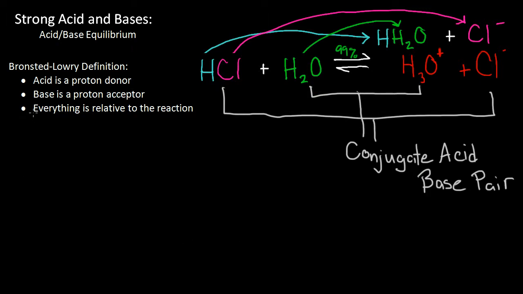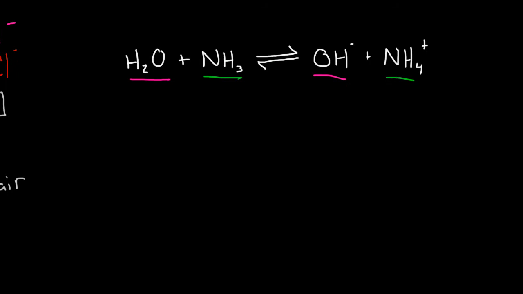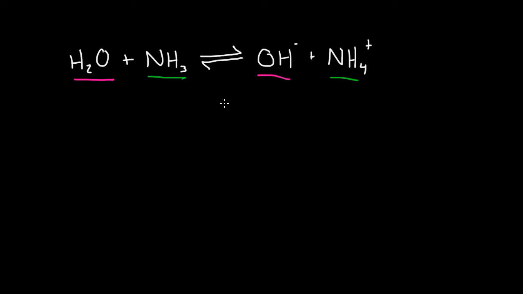Now, another important note for the Bronsted-Lowry definition is that everything is relative to the reaction. What I mean by this is, if I scroll over here, this is another acid-base reaction where you have water plus ammonia resulting to form hydroxide and NH4+. Now in this case, water is donating the proton to ammonia, and ammonia is accepting it, so ammonia is the base and water is the acid.